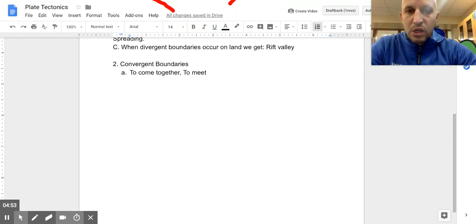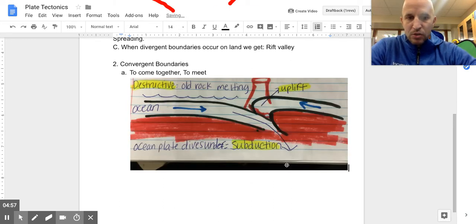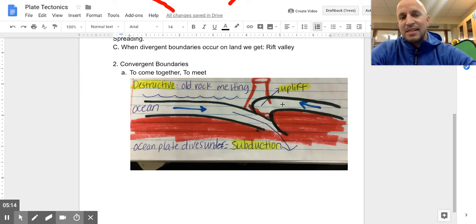So our first image here is showing you an ocean plate hitting a continental plate, and what's happening here is a volcano is being formed. So in this picture here, we have an ocean plate crashing underneath a continental plate.